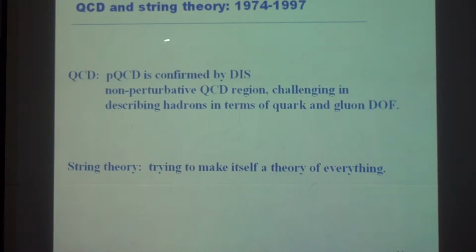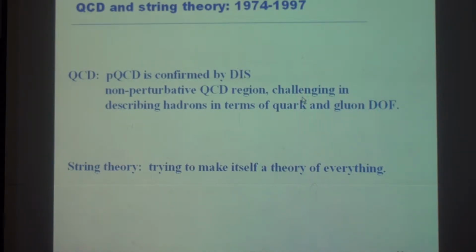Perturbative QCD has been checked very carefully by deep inelastic scattering experiments, but in the non-perturbative QCD regime, challenges still remain. Of course, string theory developed to make itself a theory of everything.